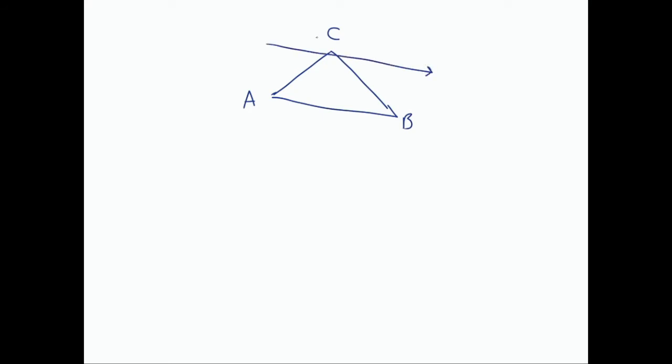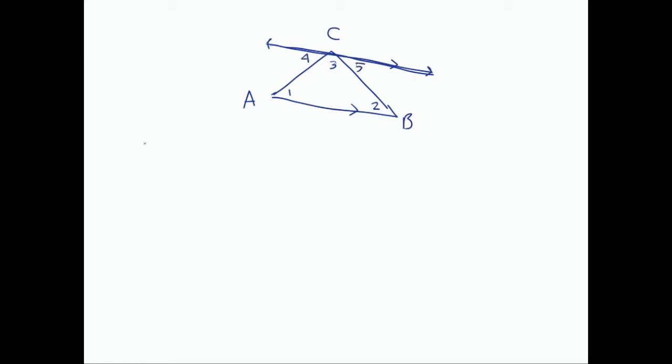This line has to go through point C, and it should be parallel to AB, just like that. I'm going to number my angles here. I'm going to have 1, 2, 3 for my triangle, and then on the outside of the triangle, I'm going to have angle 4 and angle 5.